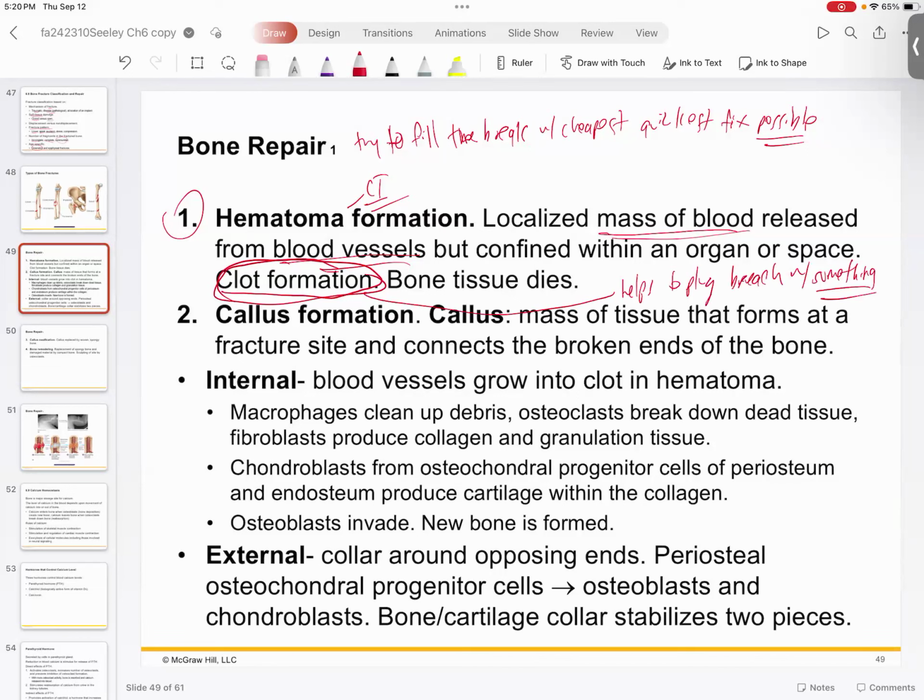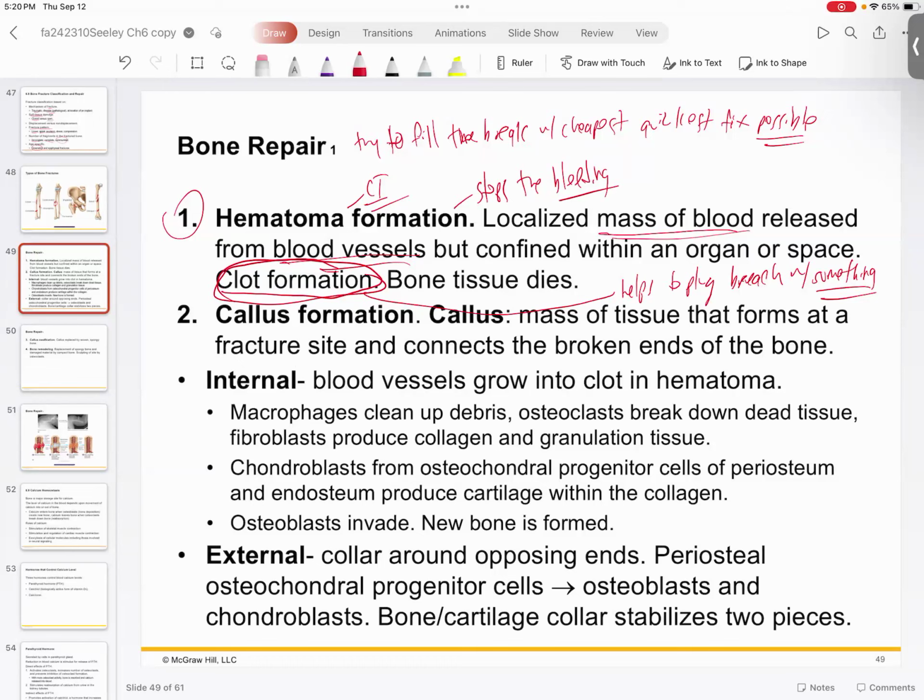And so what this does basically is it helps you to stop the bleeding. And if there's fragments, it could potentially help to bind some of those fragments and keep them in a relatively close region so that you can use those fragments to help replace the bony matrix. If you lose those fragments and they go floating off somewhere, then you're kind of screwed, right?